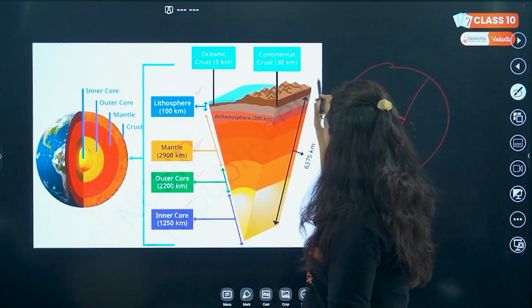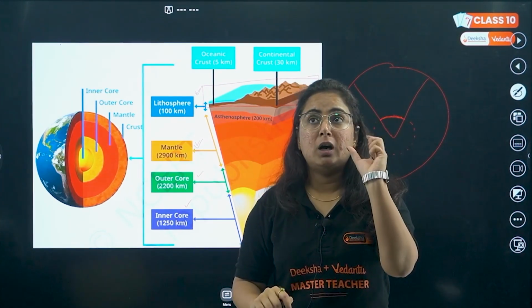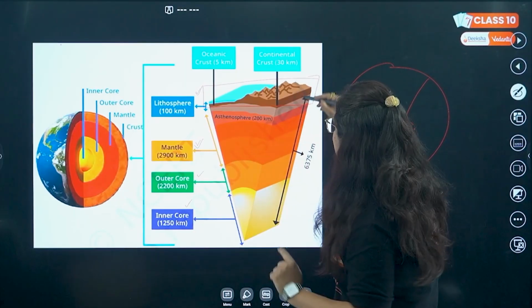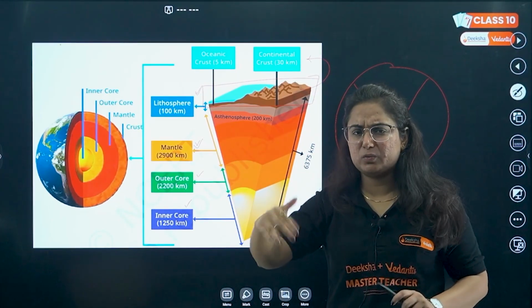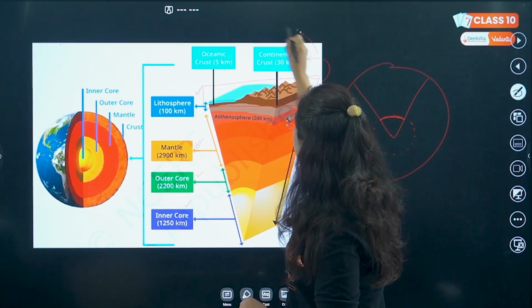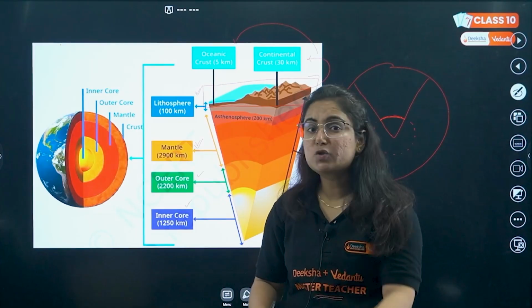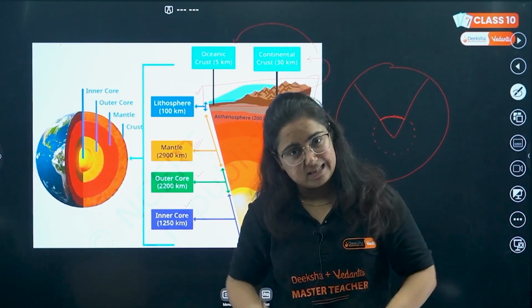But if we talk about the crust, there are two things on the crust. One is the continental crust, that means the place where the hard rock crust lives. Other than that, we have one more thing, that is the oceanic crust, over which water is there. We know that under the water, it is land only.